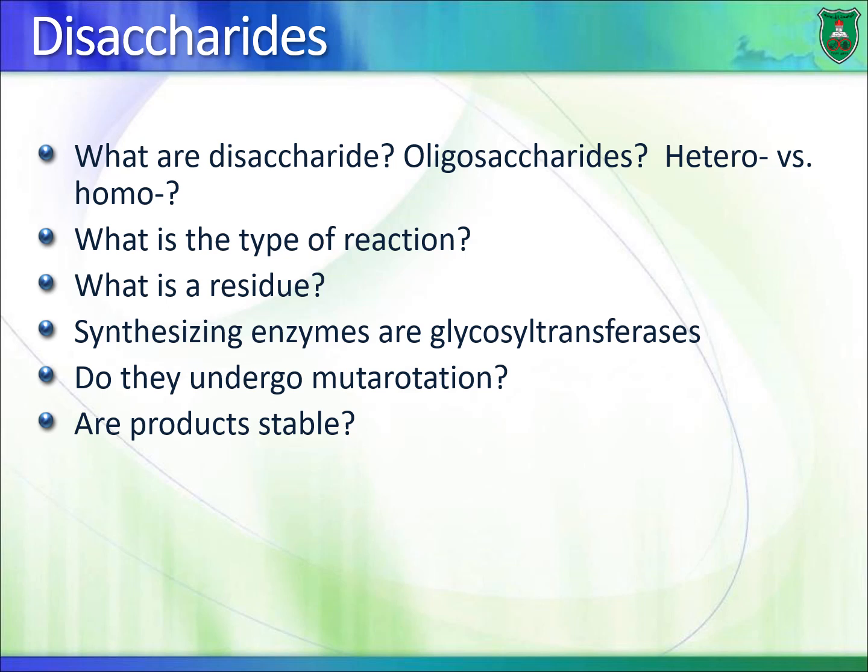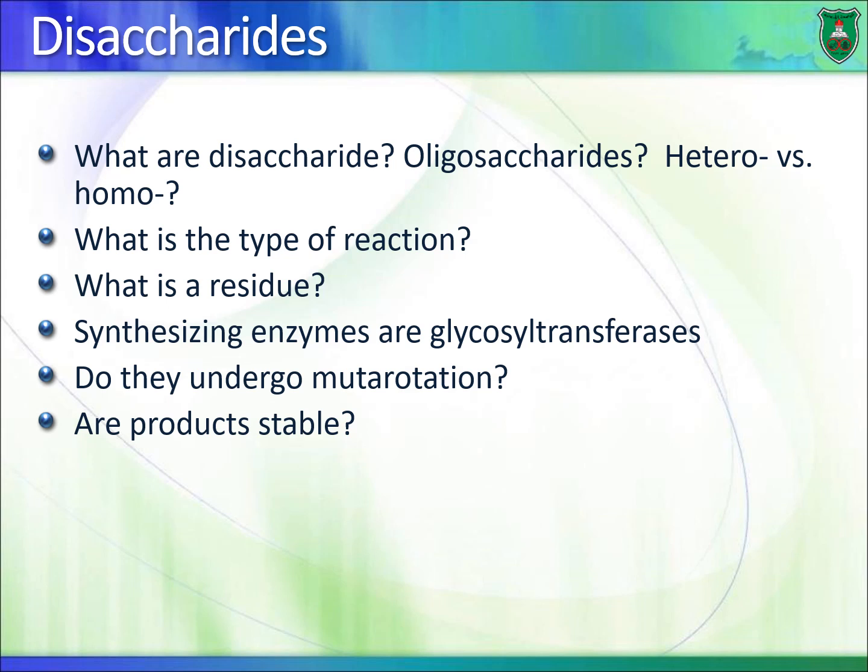Now, if the two monosaccharides are the exact same thing, like glucose, for example, as in maltose, we call it a homodisaccharide. Same thing with oligosaccharides. If the building blocks of oligosaccharides are exactly the same, then we call them homo-oligosaccharides.